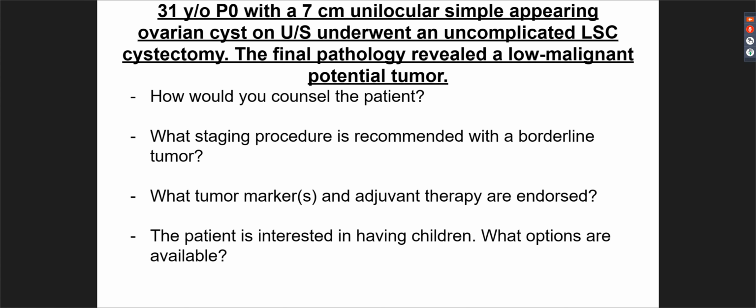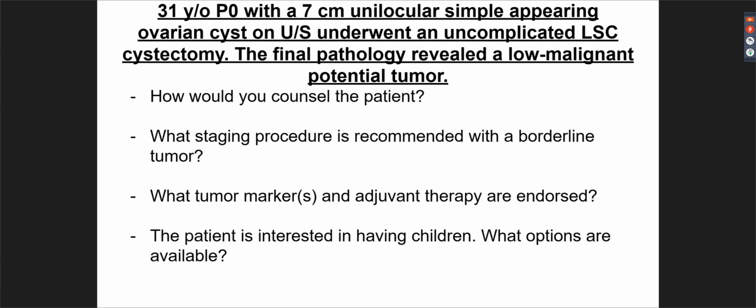Now, let's say she's having difficulty conceiving. Can she undergo ovulation induction? Is that a contraindication? No, it is not a contraindication. She can get ovulation induction, even though she has this low malignant potential tumor? Yes, because even patients with ovarian cancer do get ovulation induction and egg freezing prior to their surgical staging.